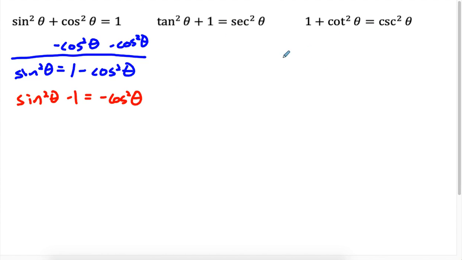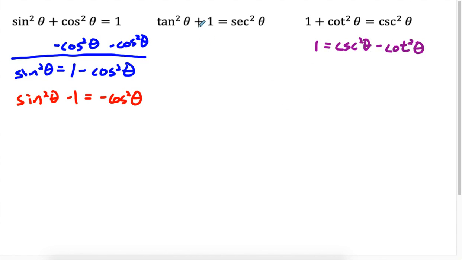And I could do that with any of these versions. For example, I could take this one and subtract the cotangent squared over, and we'd have cosecant squared minus cotangent squared is just equal to 1.